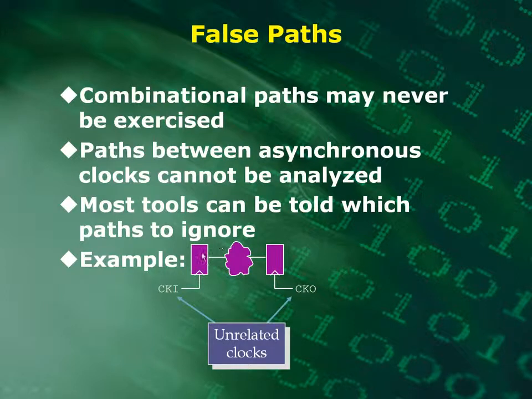So we can tell it, okay, from this Q to this D, ignore the timing. And it's our responsibility to make sure we've done things like make sure there's no metastability issues, that we've properly clocked it from one clock domain into the other, in which case there may be more flip-flops here. But then it's our responsibility, okay? And we don't so much care about the actual delay time here because we're going from one domain into the other.